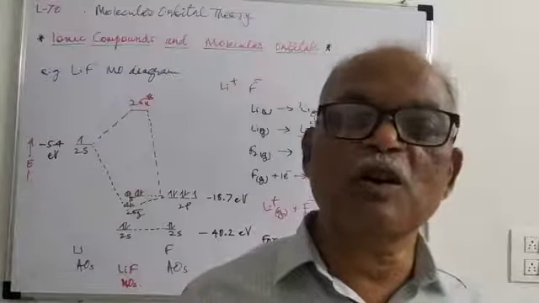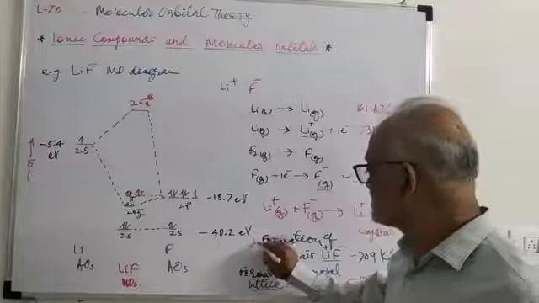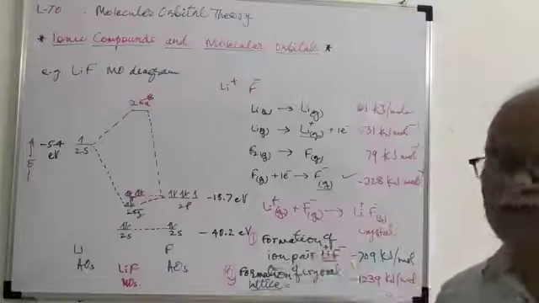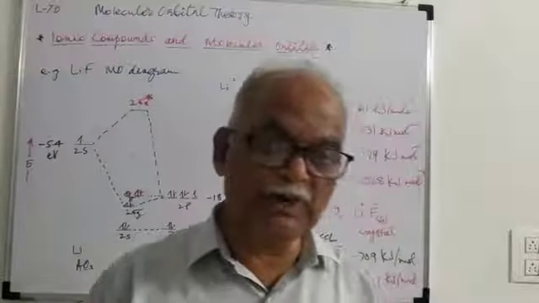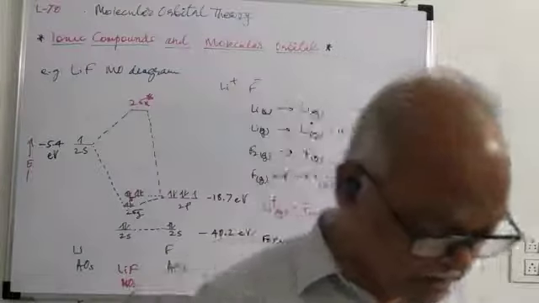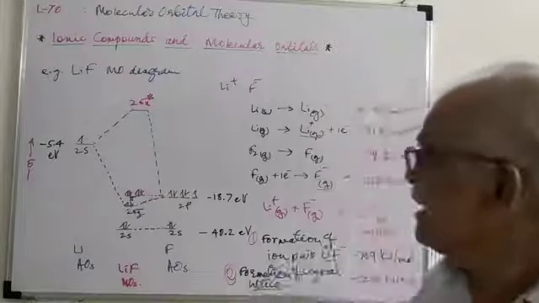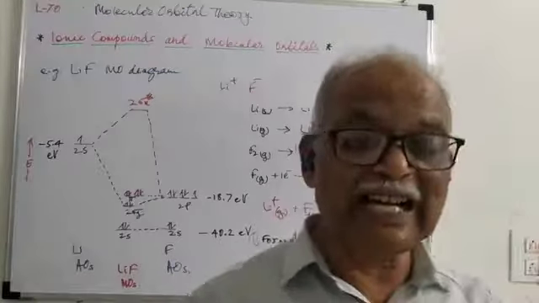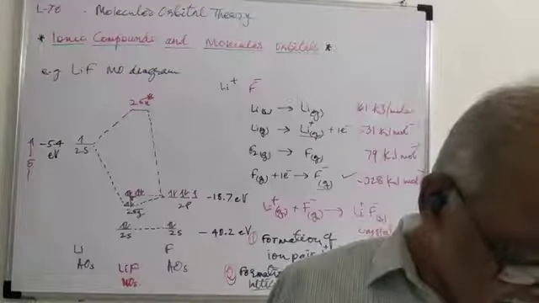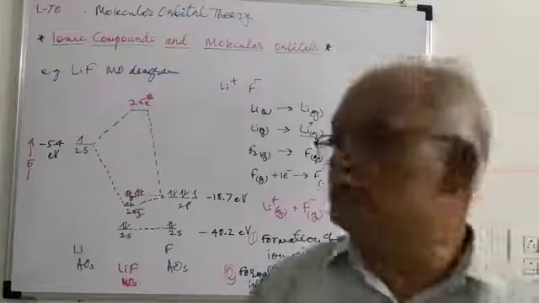So this is the first step, this is the second step. The formation of the ion pair is favored, as well as the formation of the crystal lattice. This process will become spontaneous when the free energy, delta G, is negative.